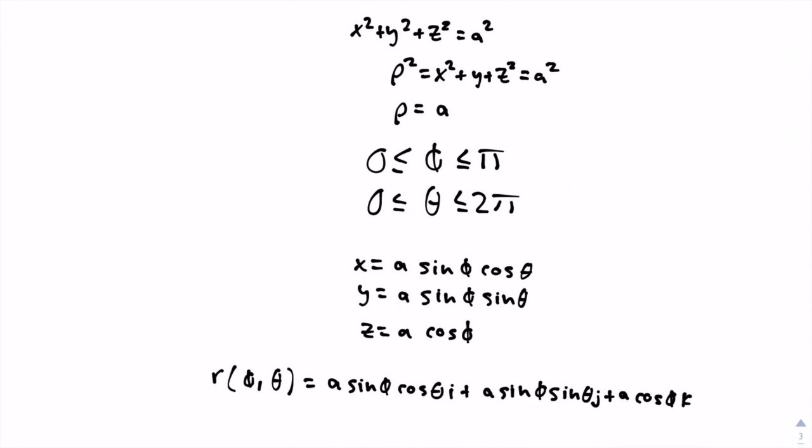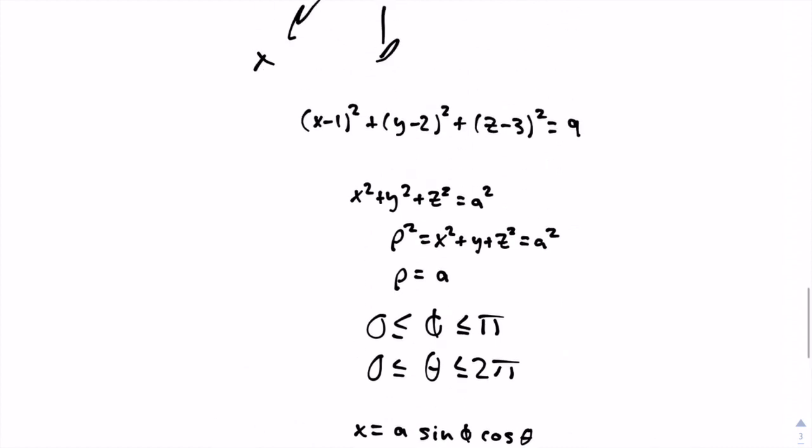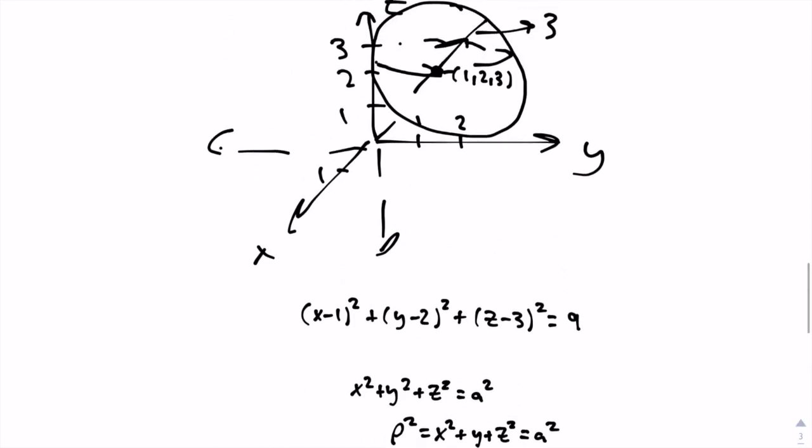Now let's go back to our problem. We know that in our case, our sphere, not centered at the origin unfortunately, is instead centered at 1, 2, 3.